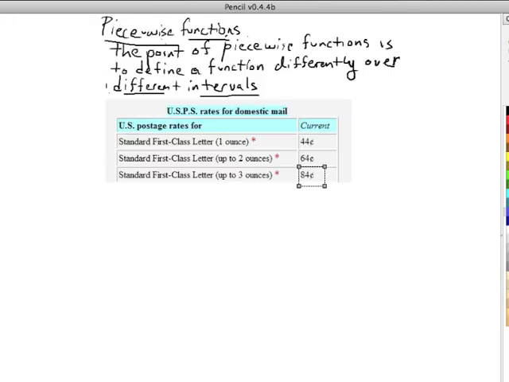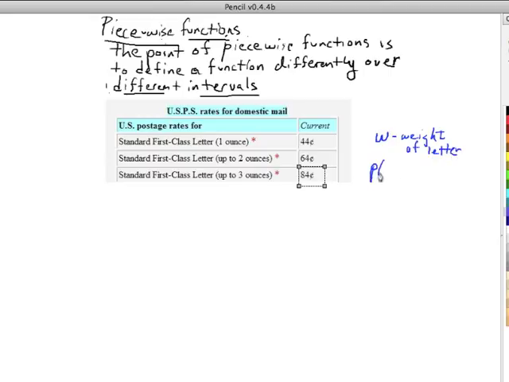So this is something that can be looked at graphically, but let's first do it algebraically. Let's define this algebraically, and I'm going to assign these variables. Let's say we have the weight W of our letter, and we want to know what the postage is.